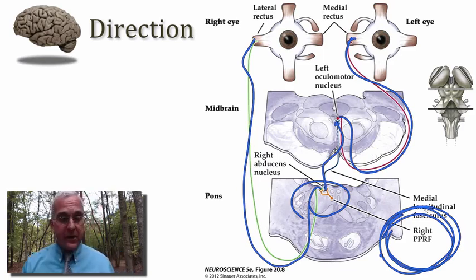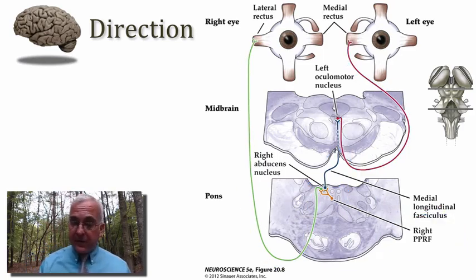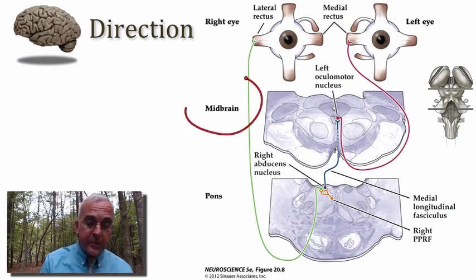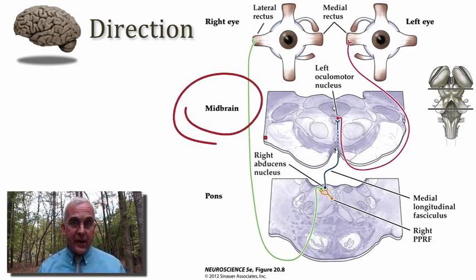Now, not illustrated here is another gaze center that's actually present up here in the midbrain, and it's a gaze center that coordinates vertical eye movements, okay? And we simply call this the vertical gaze center. And like the paramedian pontine reticular formation, the vertical gaze center is a network of interneurons that will coordinate the output of the appropriate motor neurons in the oculomotor nuclei that are governing the superior and inferior rectus muscles.